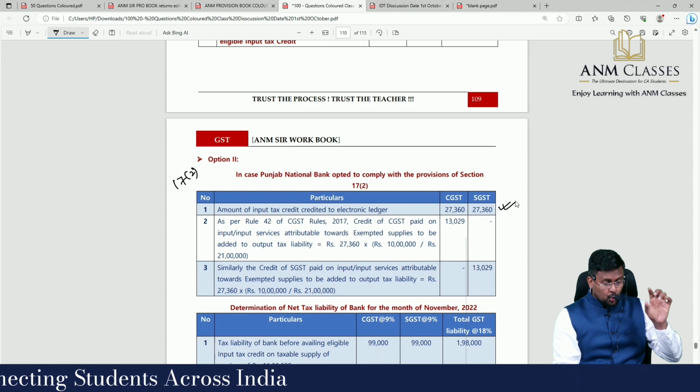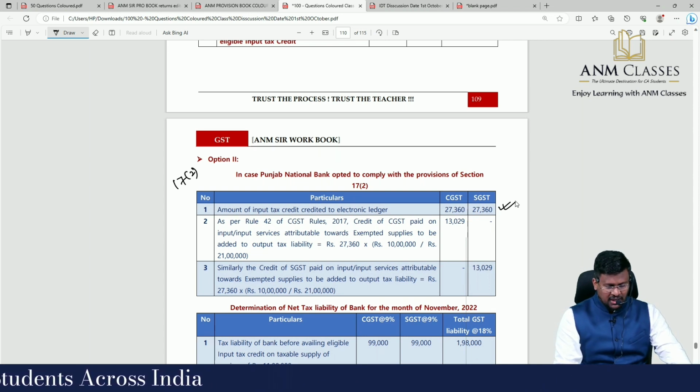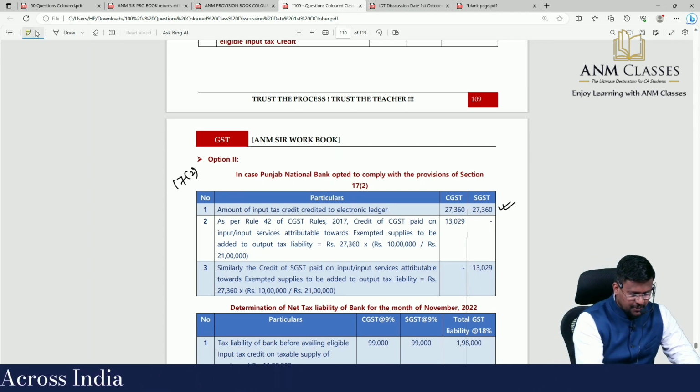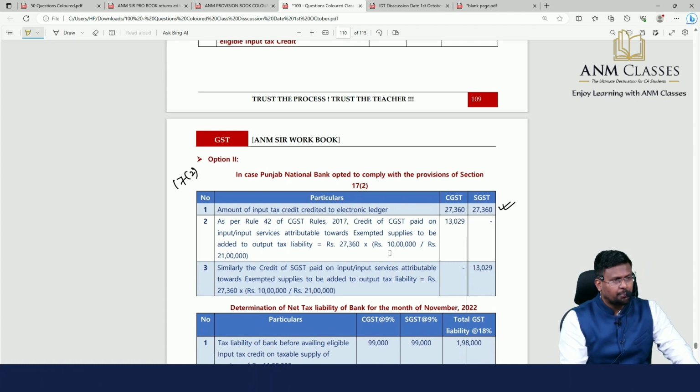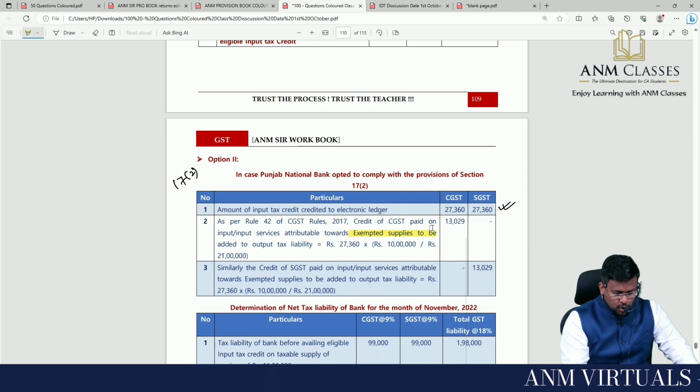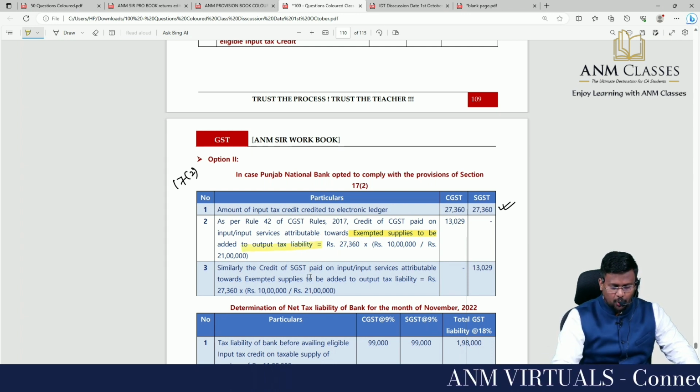Okay? Rule 42 of the CGST rules: credit of GST paid on input service attributable towards exempt supply is to be added to the output tax liability.